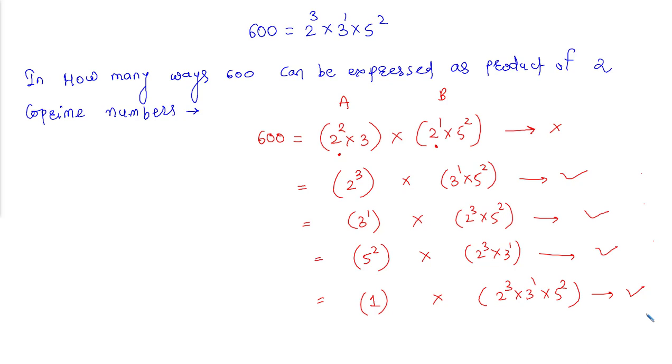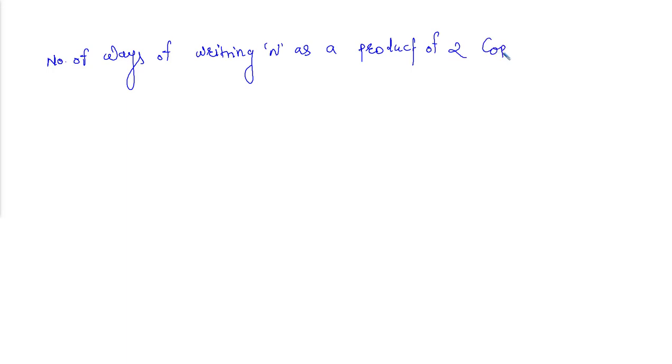So what is the formula to find this? The number of ways of writing n as a product of two co-prime factors is equal to 2 to the power (number of prime factors minus 1).